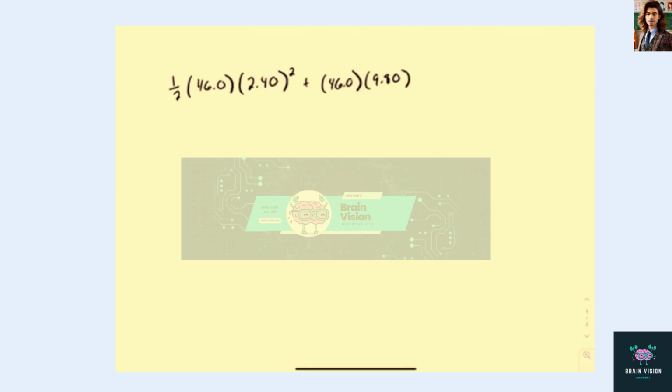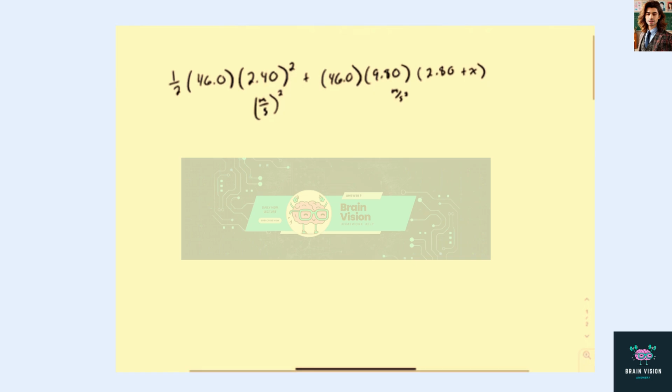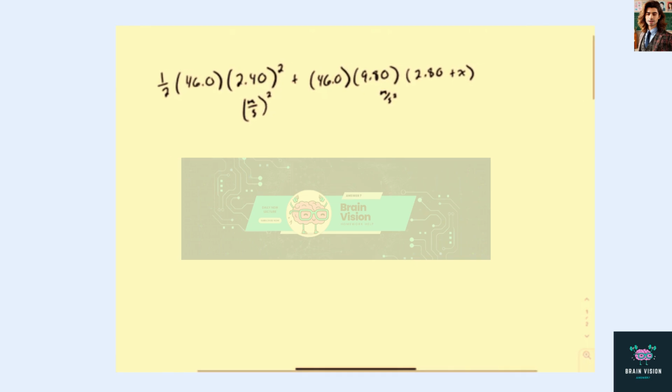This is in meters per second squared, and this is in meters per second squared, so it's a little different. Times 2.8 meters plus x. So we know x is in the units of meters. This is going to equal a half times 1.94 times 10 to the fourth x squared.